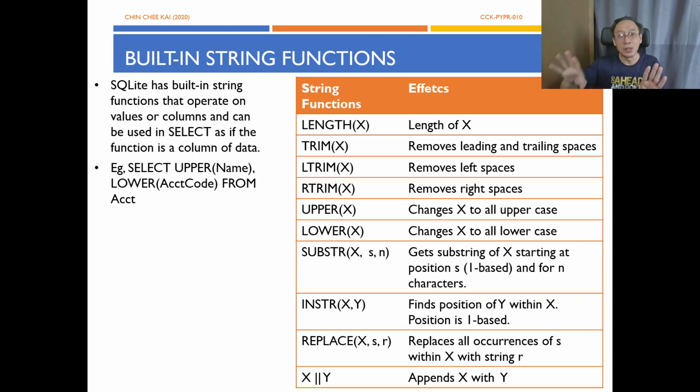Although it's not actually done in the database, we can think of it as being present in the table, so that when we say select length of name, we will actually get back one column of numbers where each row contains the number of characters of that account name within that column.